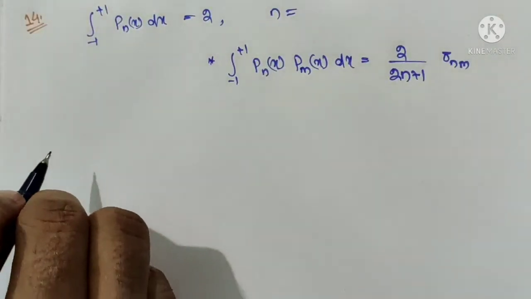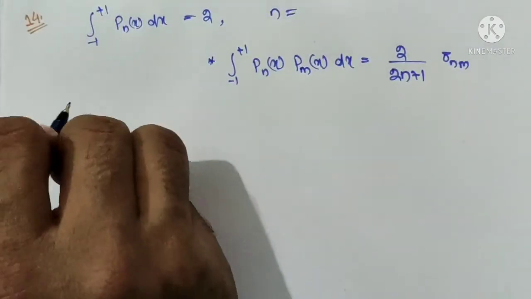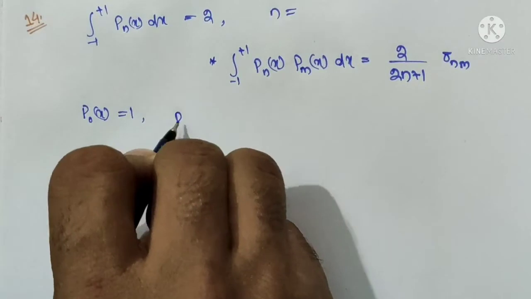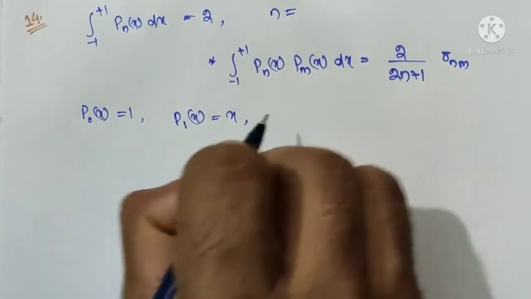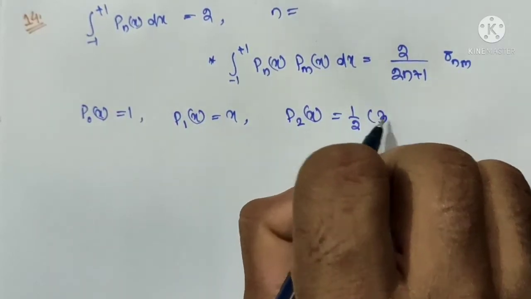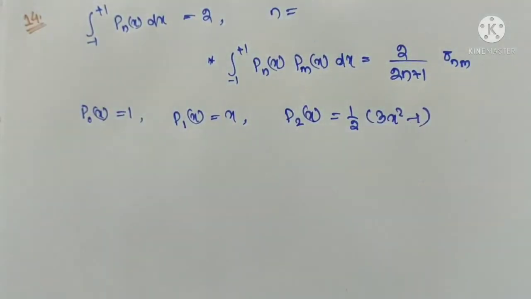And the first few Legendre polynomials are given by P0 x equals 1, P1 x equals x, and P2 x equals half of 3x square minus 1. So now using all these things we can find n.